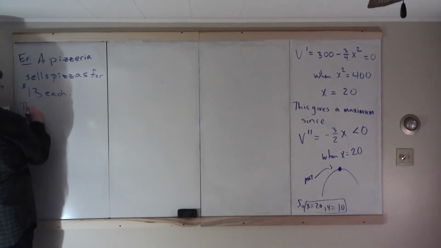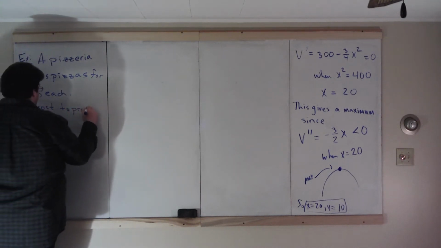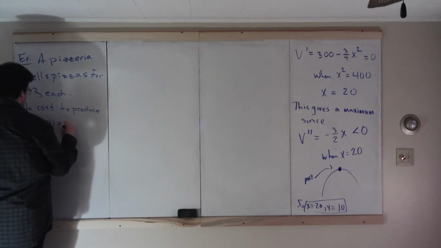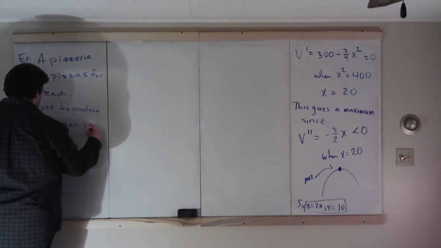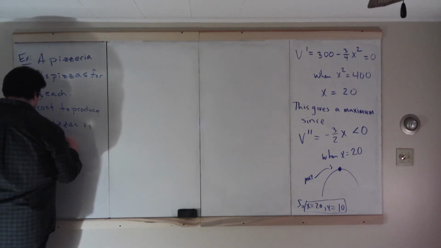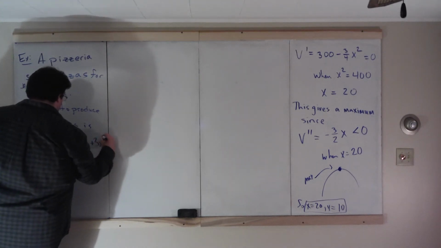The cost to produce x pizzas is C of x equals what? 13 minus 11x plus 3x squared.